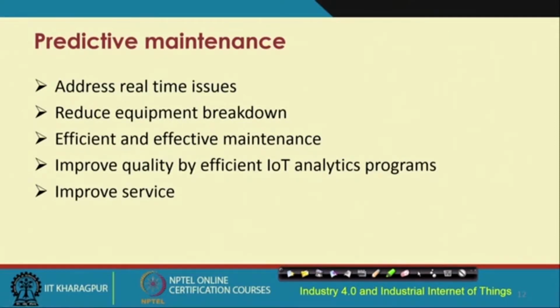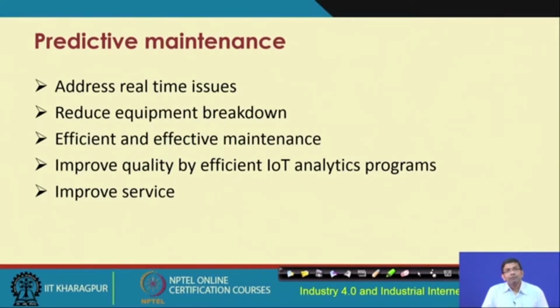Predictive maintenance, such as addressing different issues that are going to happen in real time, now and also in the future. So, seconds later to minutes later to hours later, things that can happen. So, predicting those in advance is what predictive maintenance concerns.